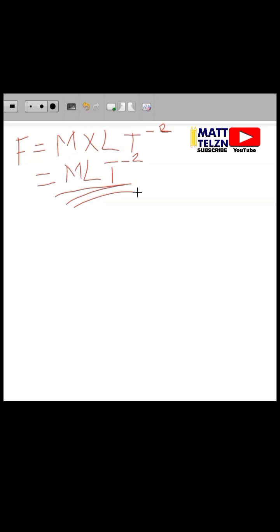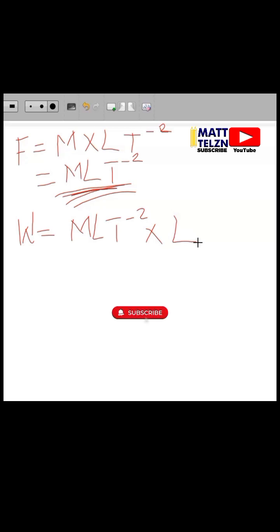Work. We know that work is force times distance, right? And the dimension for our force is this. So we have M L T to the minus 2 times what? Distance, okay? And the dimension for distance, we said what? Is L. Any quantity that has a unit of length, the dimension is what? Length, okay?